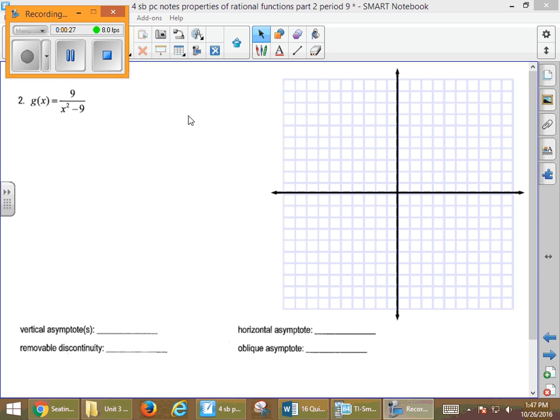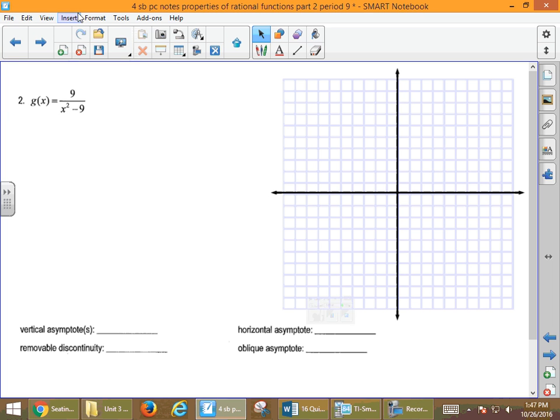And if we have the same degree on the top and the bottom, then we end up with another horizontal asymptote at y equals a divided by b, whatever that may be. And we'll look at some of those examples here today.